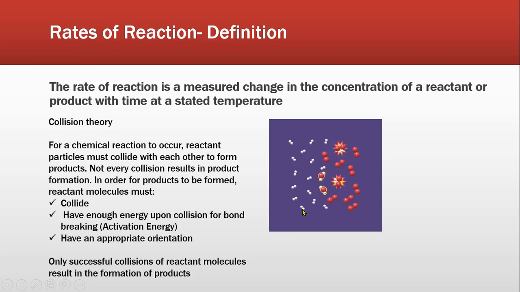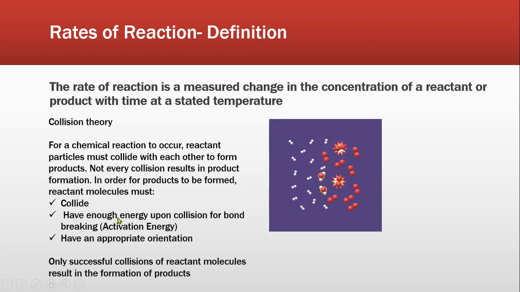So what we also need to do is understand something called the collision theory. This is really the science behind reactions. So in order for a chemical reaction to occur, reactant particles must collide with each other to form products. Not every collision results in product formation. In order for products to be formed, reactants must collide.